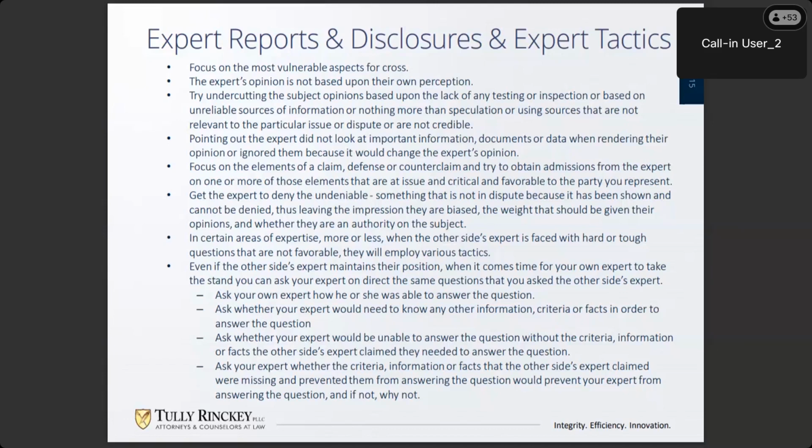Even if your expert is not able to be inside the courtroom during the other side's expert testimony, you can speak with your expert on break, if there is a break, and confer with your expert about possibly crafting further questions to draw out further information during the cross-examination.